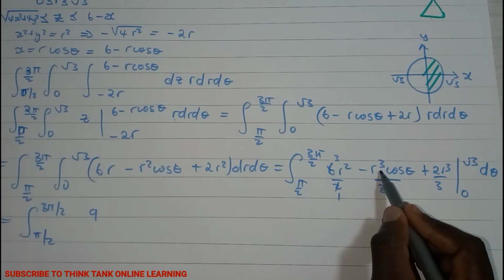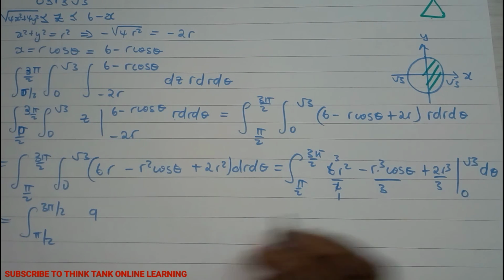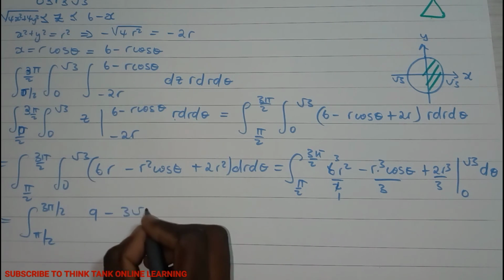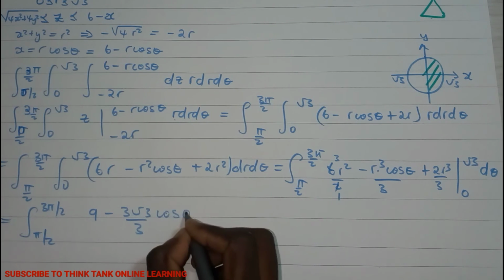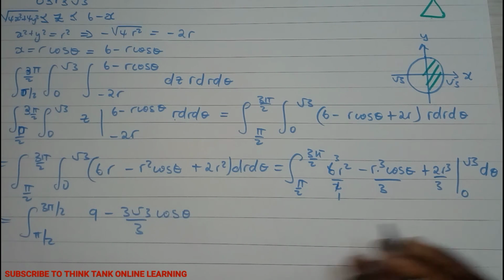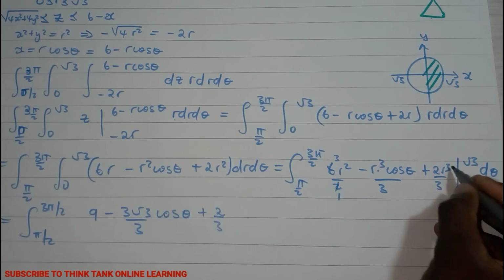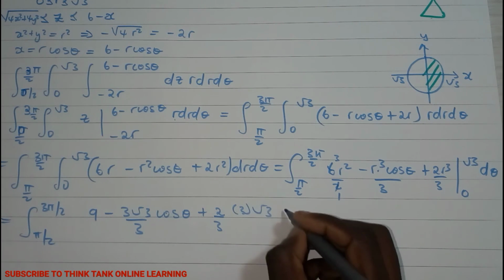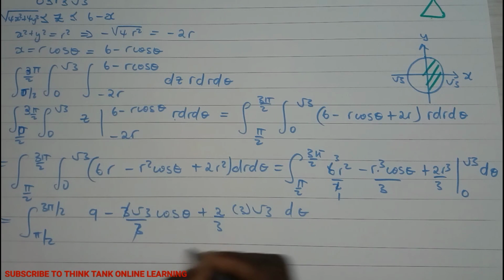Then here we have r cubed, that is 3 root 3, so I'm going to have negative 3 root 3 over 3 cos theta, plus 2 over 3 times 3 root 3, d theta. You can see this will cancel, this will cancel.